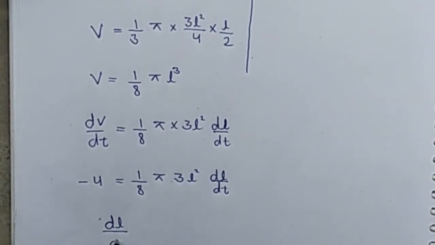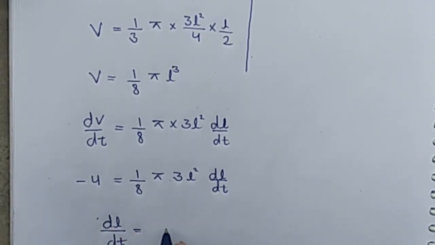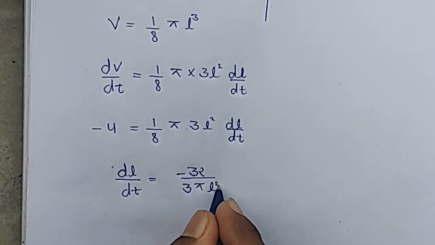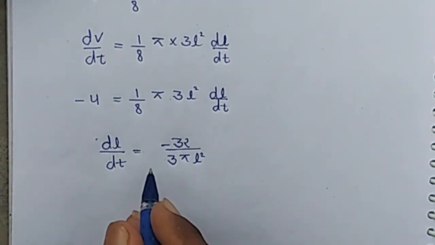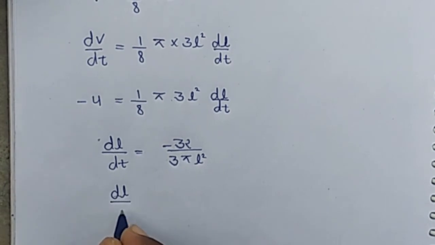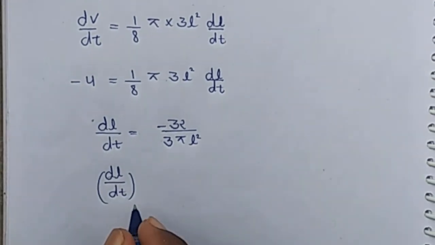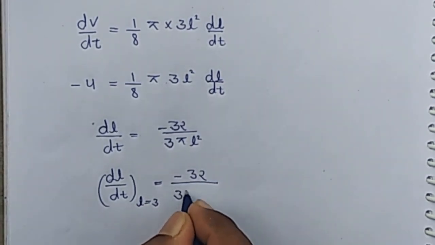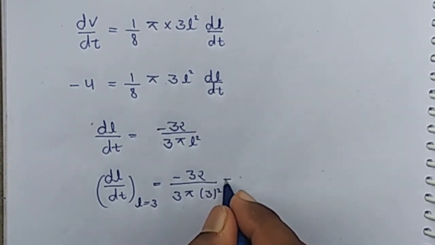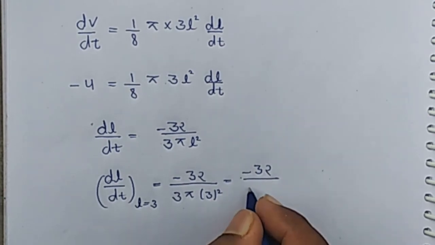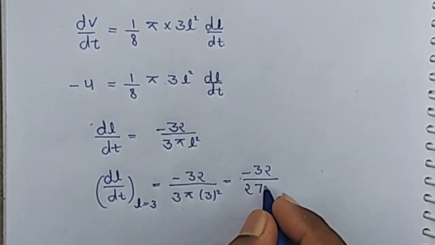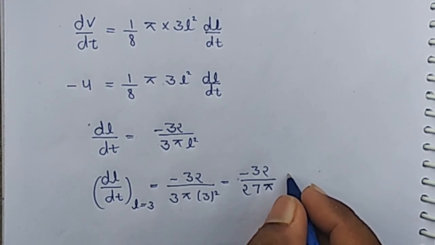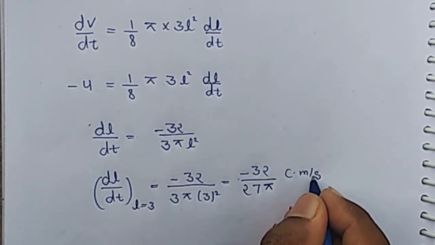Then dl by dt is minus 32 by 3 pi L square, and dl by dt when L equals 3 is minus 32 by 27 pi centimeter per second.